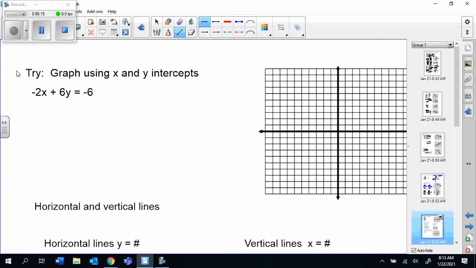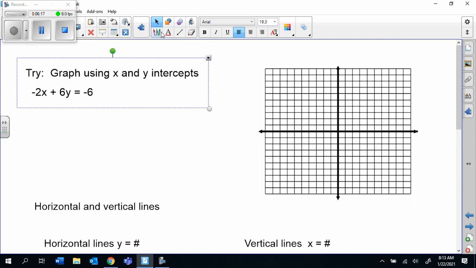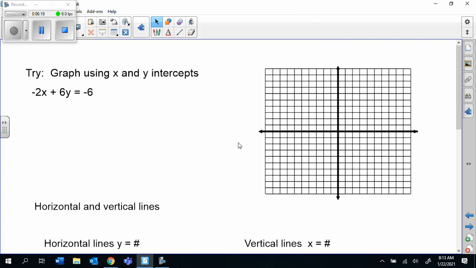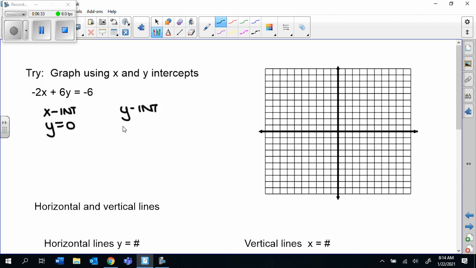A few more to try, or there's one here for you to try. Set up your columns. All right, so let's plug in y equals 0.